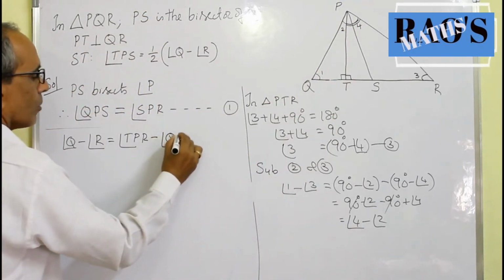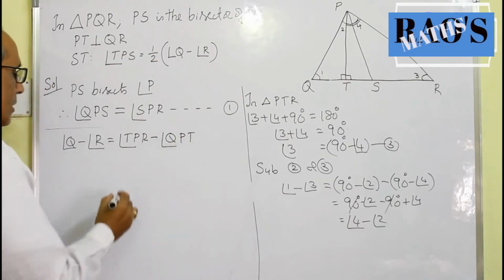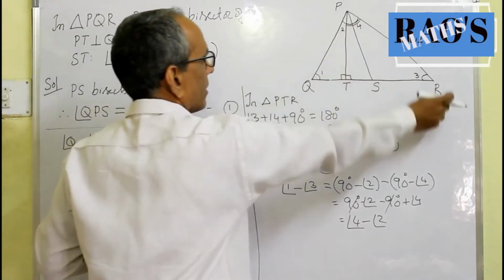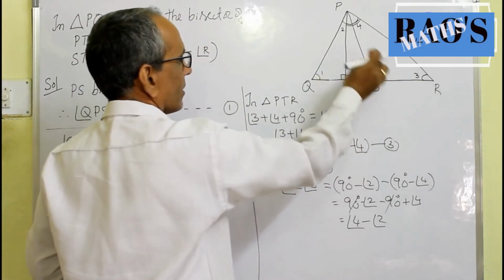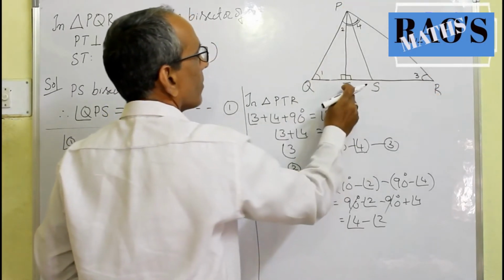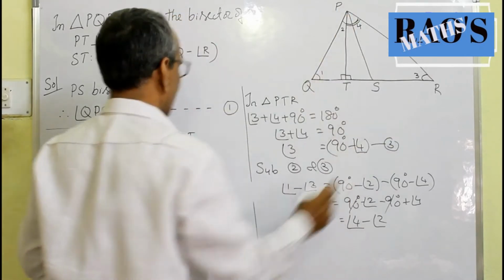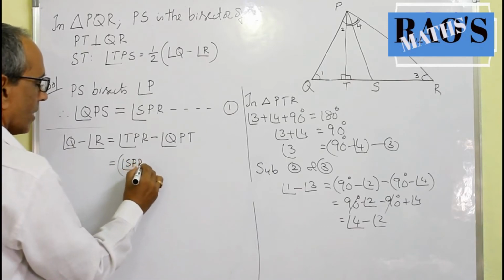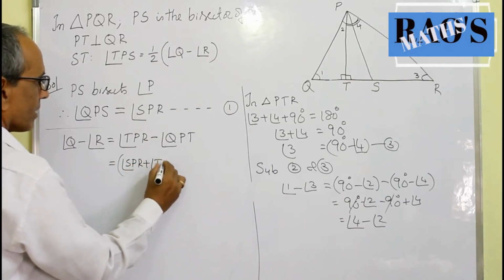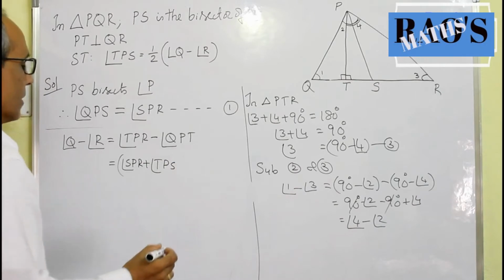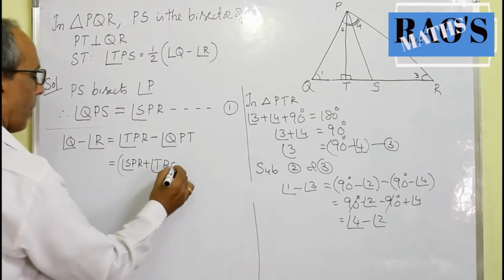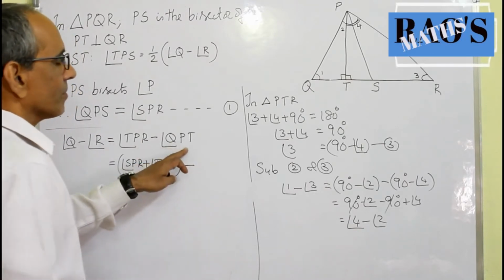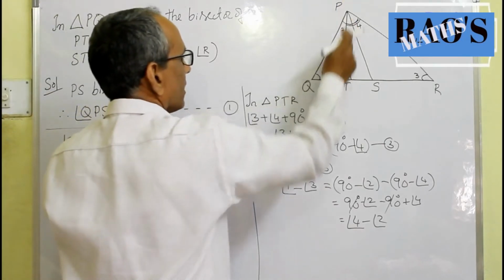Now, TPR is the sum of two angles, that is angle SPR plus angle TPS, minus QPT.